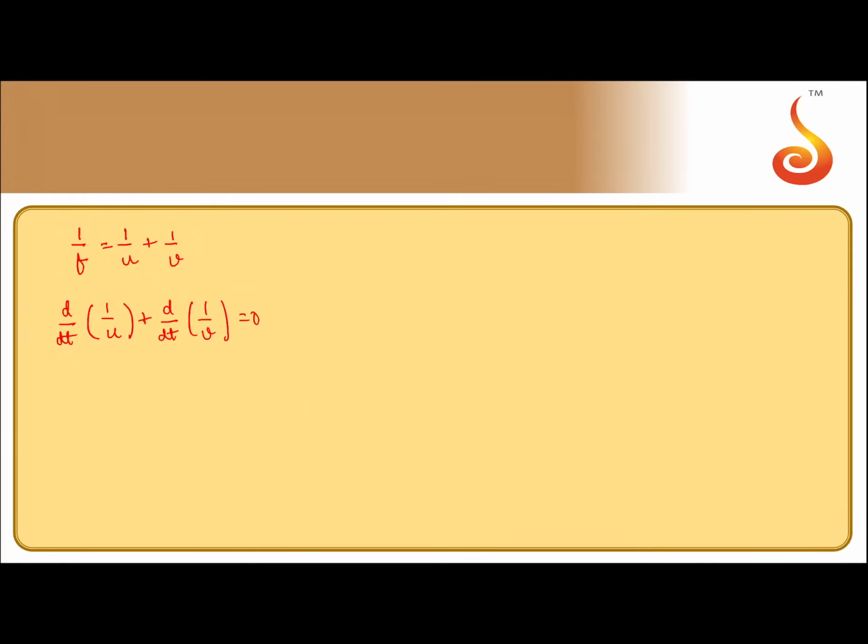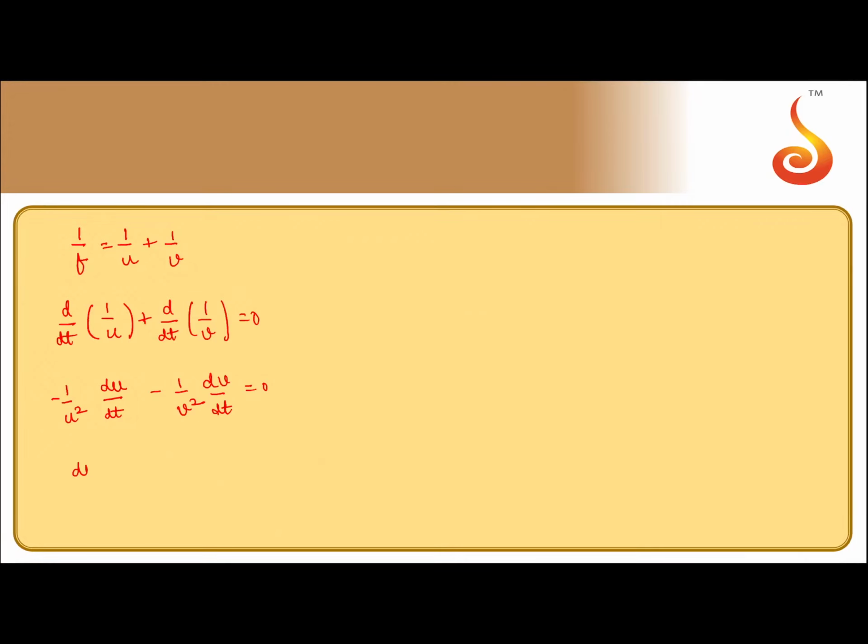Now d/dt of 1/v is minus 1/u² du/dt and minus 1/v² dv/dt. This whole thing is equal to 0.